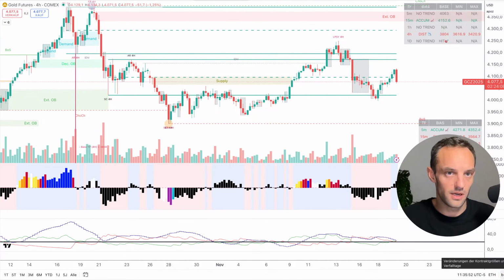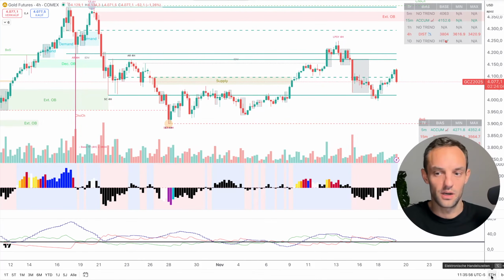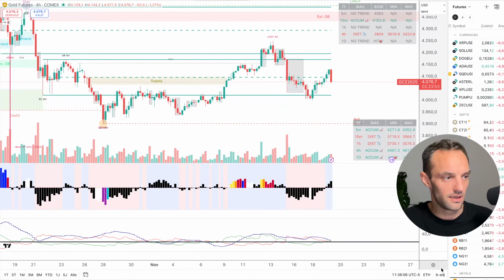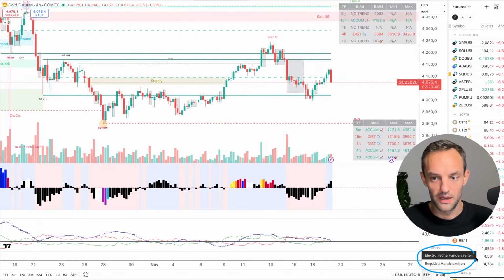Please look at your charts. If you are on a lower time frame than a daily chart, you have here at the bottom 2 settings: ETH, electronic trading hours, and RTH, regular trading hours. Okay, I move it a little bit here to the center. It's ETH, and here at the bottom below my name, you see this, right?